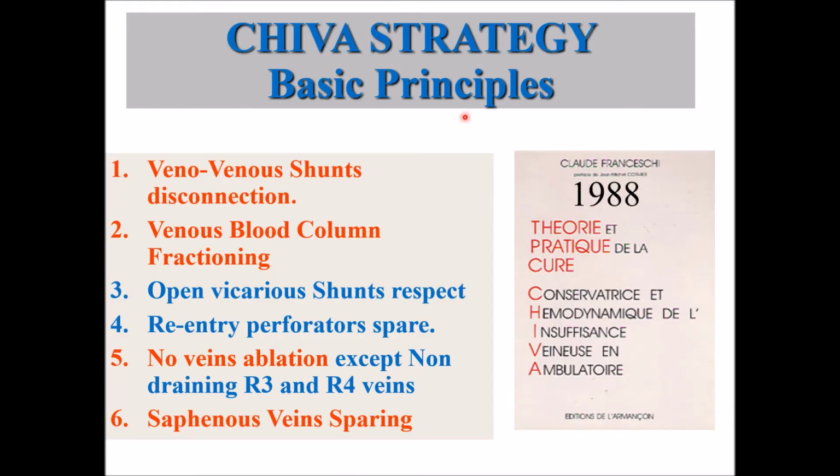CHIVA strategic principles are venous shunt disconnection, venous blood color fractioning, respect of open vicarious shunts, sparing of reentry perforators, no vein ablation except non-draining R3 and R4 veins, and saphenous vein sparing.